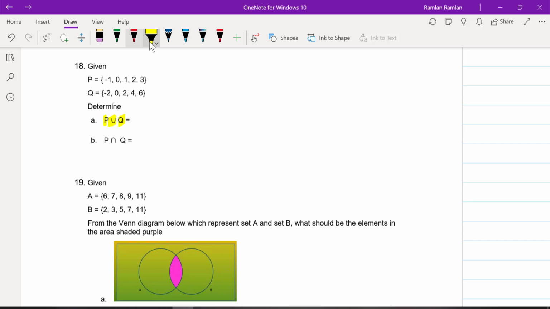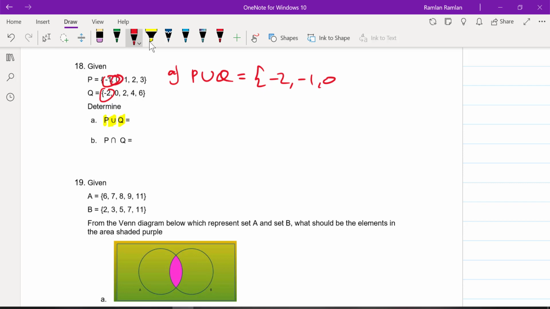So question A, P union Q, will be just writing down all of these in one set. I'm going to start with minus 2, because minus 2 is the smallest number. And then the next one is minus 1, and then 0.